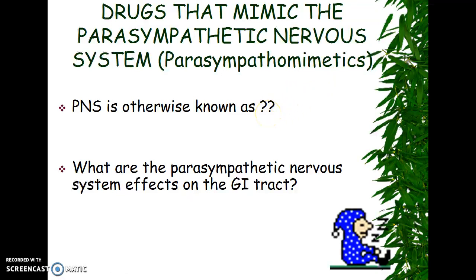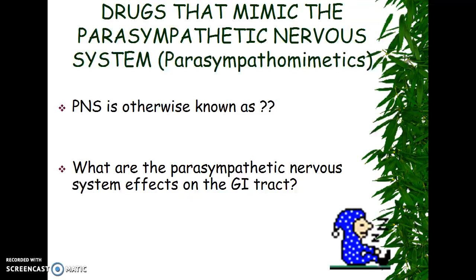So the parasympathetic system is otherwise known as, hopefully my little friend here gives you a hint, the rest and restore system, right? When we are resting and restoring, we're going to be digesting. We're going to be just resting and letting food be digested. So things like stomach acids get secreted into the stomach to help our digestion.